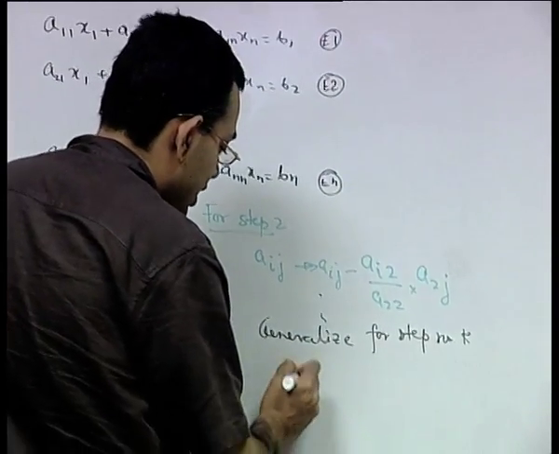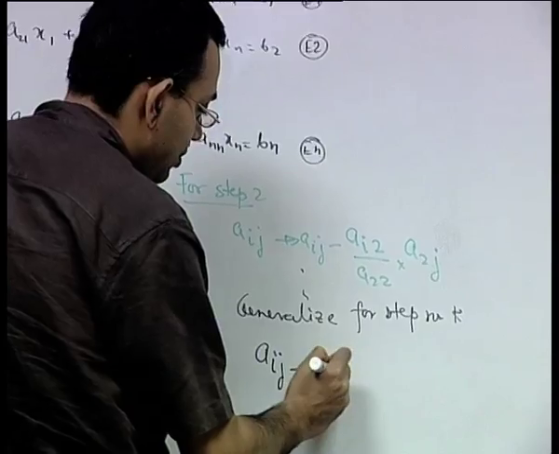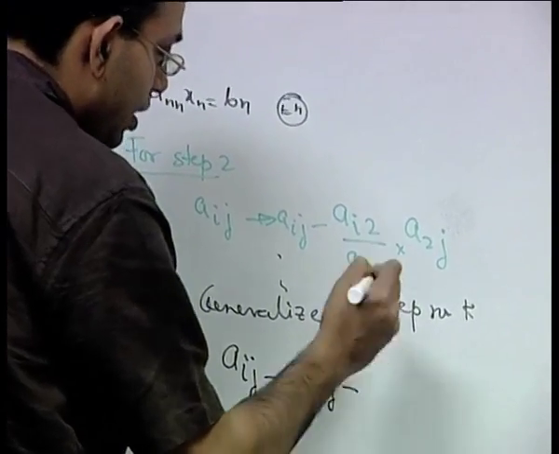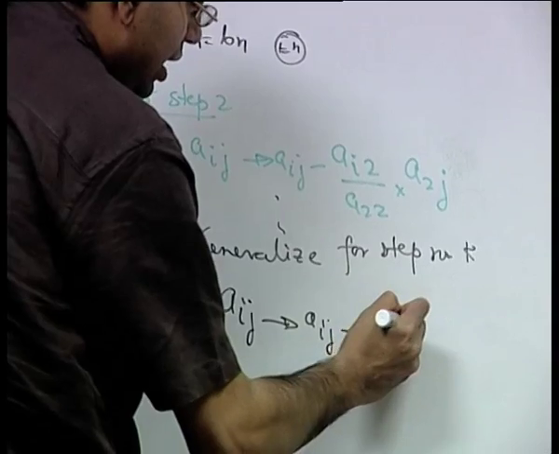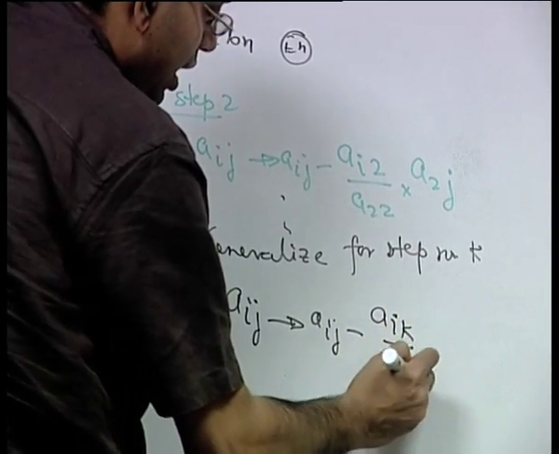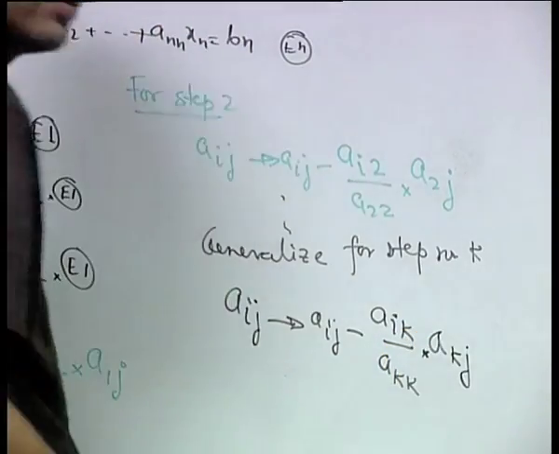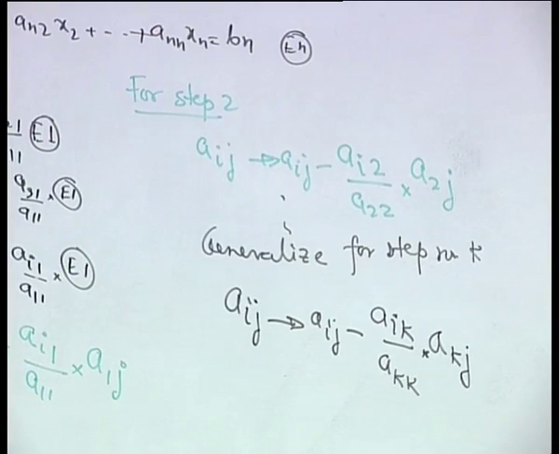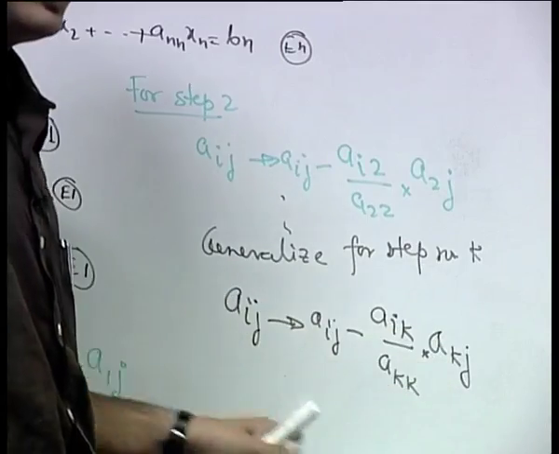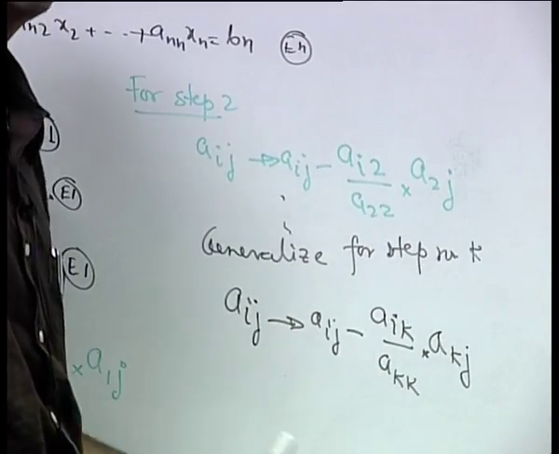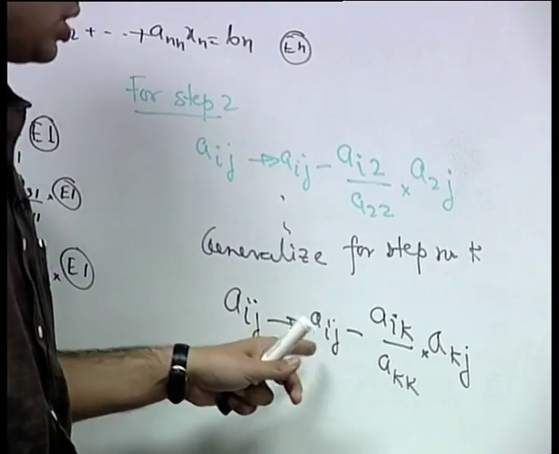So, Aij will become Aij minus Aik by Akk into Akj.